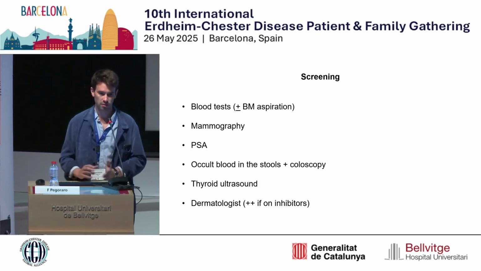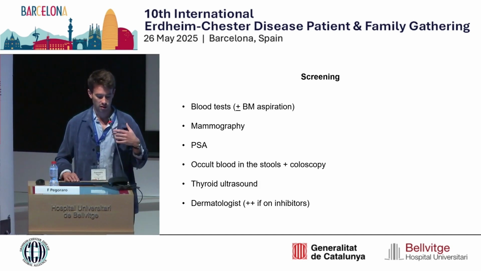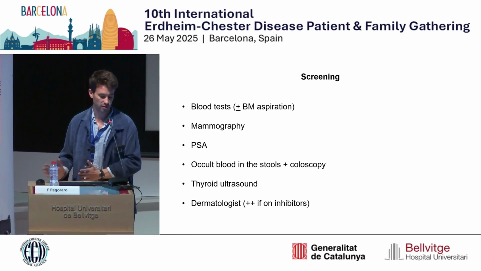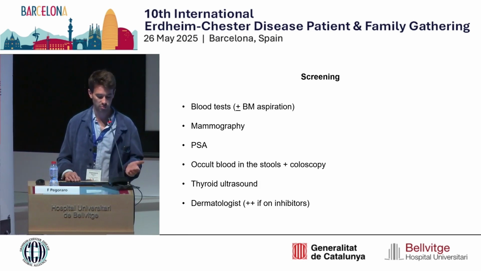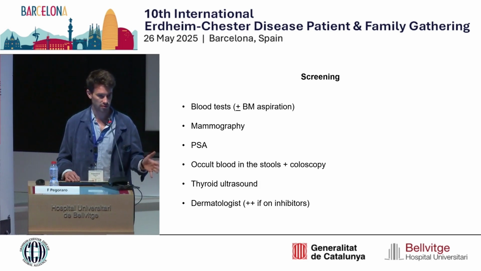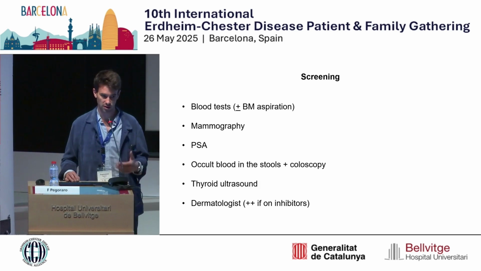And what is typical for other conditions such as mammography, prostate specific antigen. For colorectal, we have the search for blood in stools and colonoscopy, but also thyroid ultrasound, which is a bit more specific to ECD. And of course, dermatologists, because it's associated also with targeted treatment toxicity.